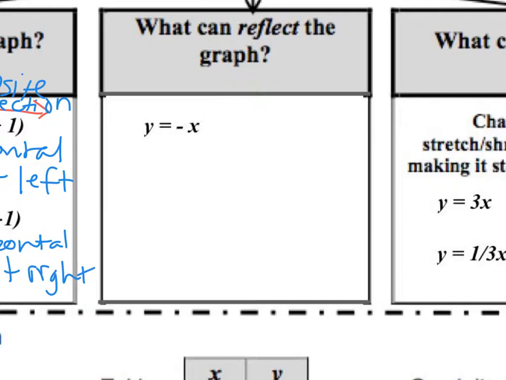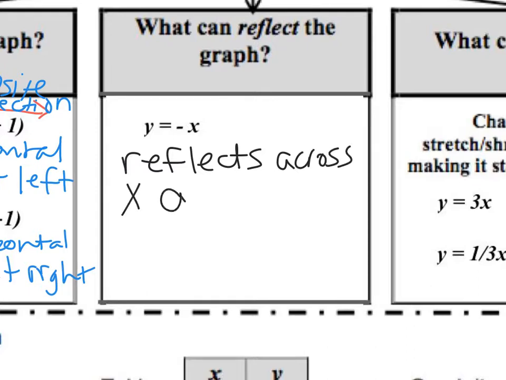So if our slope has a negative sign, then our graph reflects across the x-axis. Now I know that last year when you were looking at slope, you learned that this is a negative slope, a downhill line, and that's still true. But the actual transformation is that it's reflecting across the x-axis.